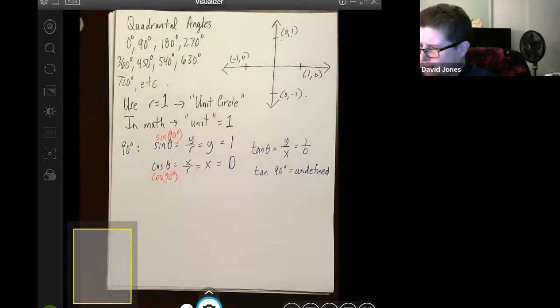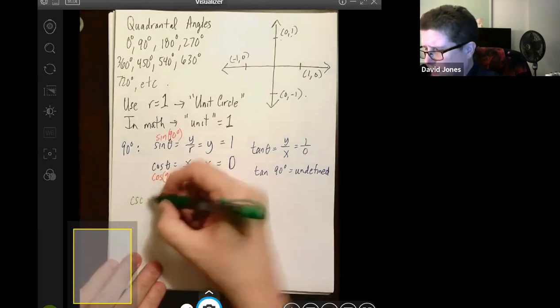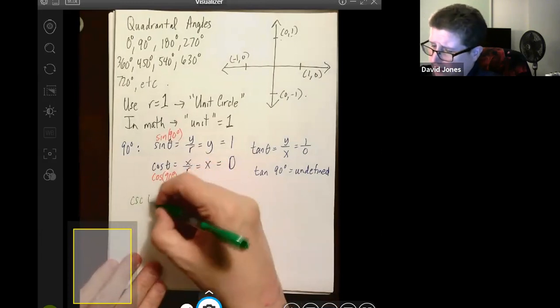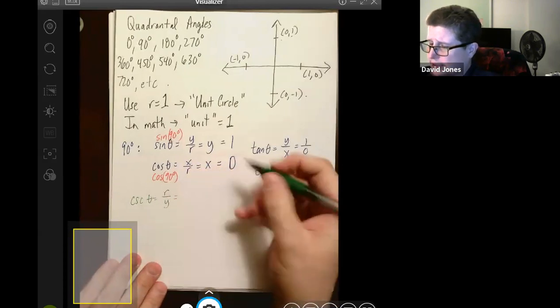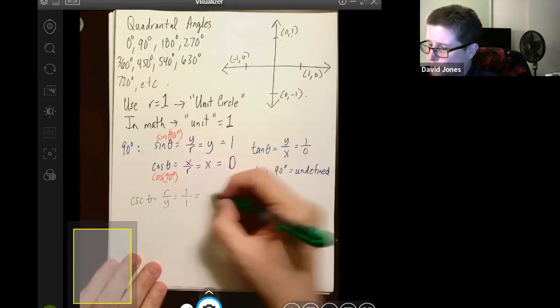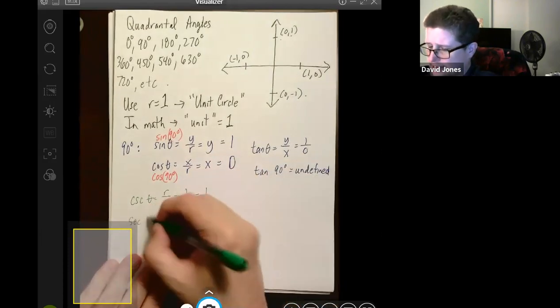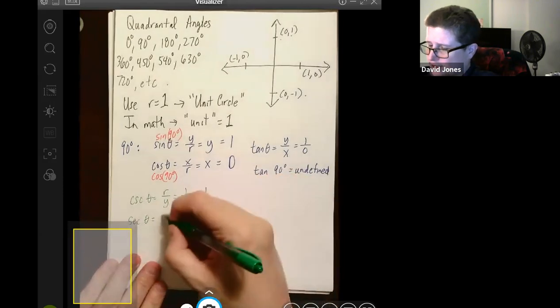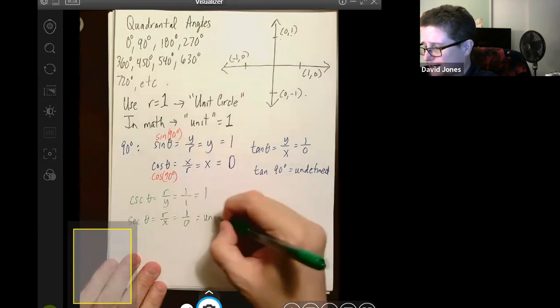And we can look at the reciprocals. Sine goes to cosecant. Cosecant theta is r over y, which is still 1 over 1, is 1. Secant theta is r over x, which is 1 over 0, which is undefined.